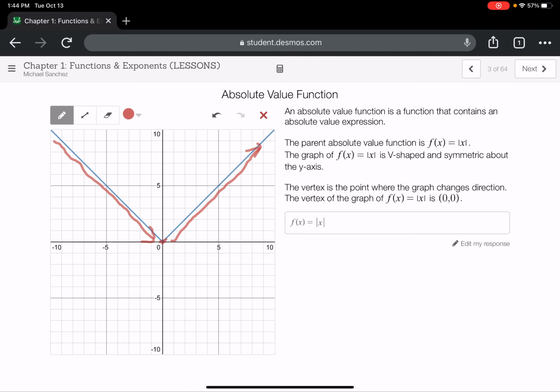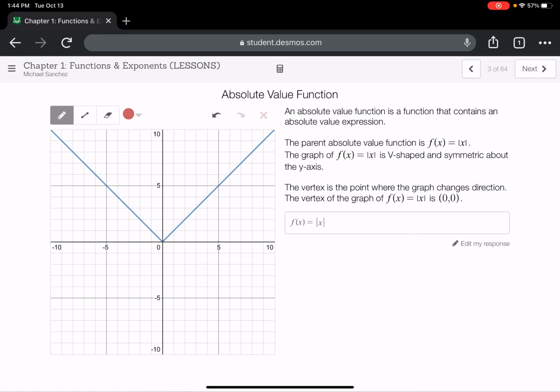Okay, and the reason for this is because our absolute value symbol creates this shape because it makes whatever value is in here a positive, right? And we see that this graph does not go below the x-axis into the negative values.